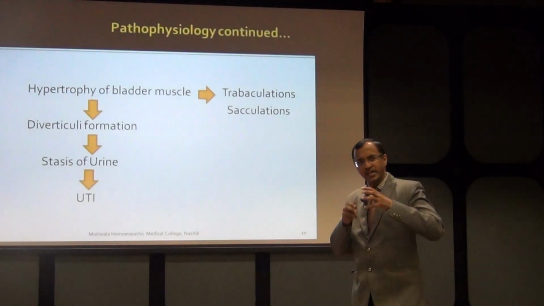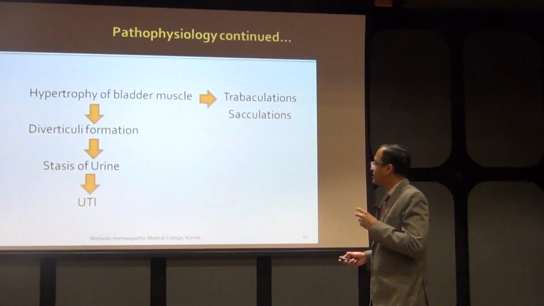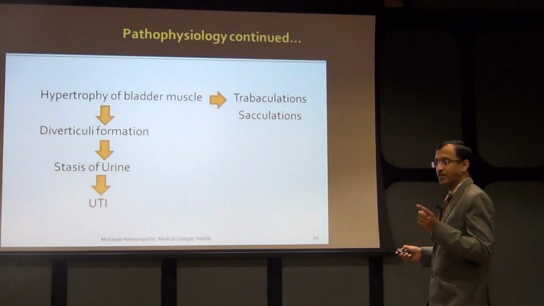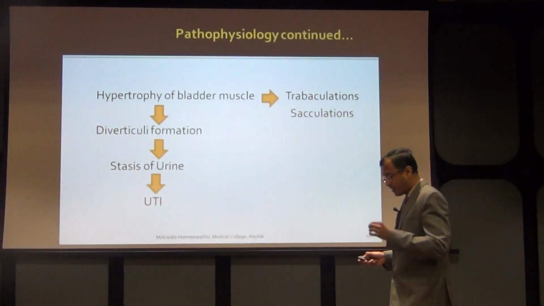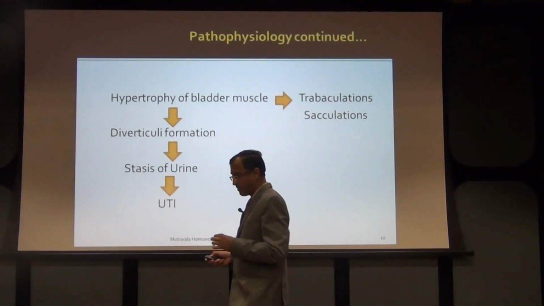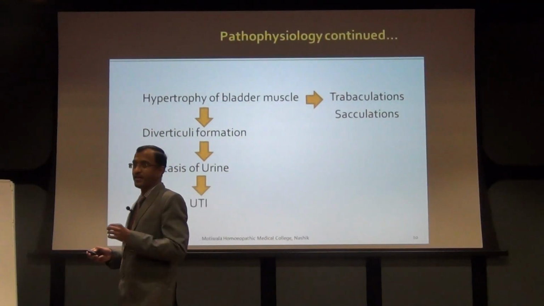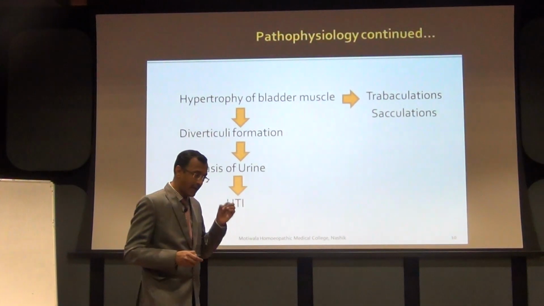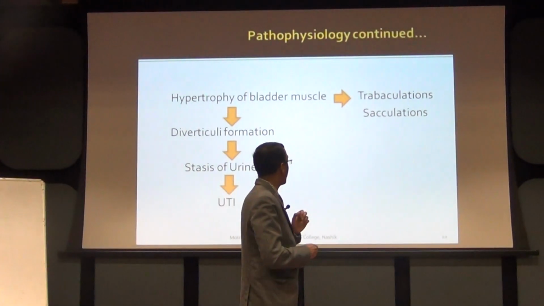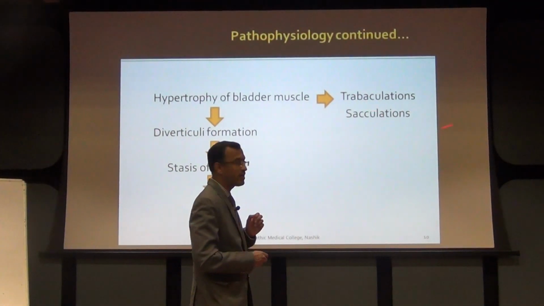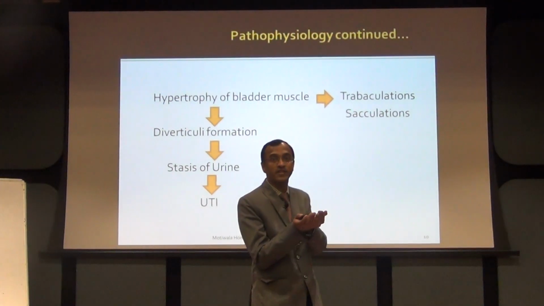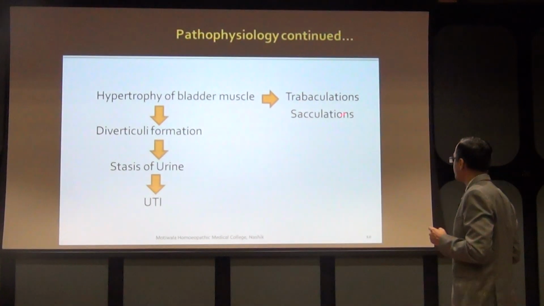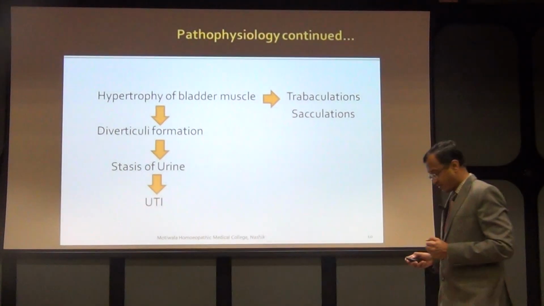Now, in the urinary bladder, there are two things after the hypertrophy of the bladder muscle that are very key and one needs to focus on them, because whenever we advise an ultrasonographic examination to diagnose benign prostatic hypertrophy, we have to look for these two words in the sonology report. The two key words are trabeculations and sacculations.